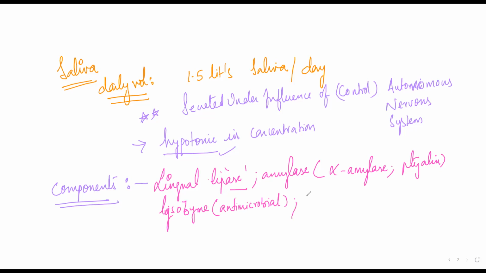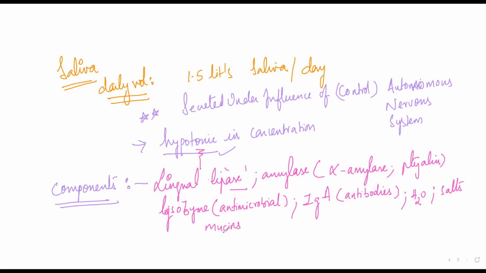And we have a few antibodies like immunoglobulin A. These are antibodies attacking the foreign antigens entering the body through the food. Next we have water. As you could see, it is a hypotonic solution, so it has more water, and it even has some salts, and a little amount of mucins.